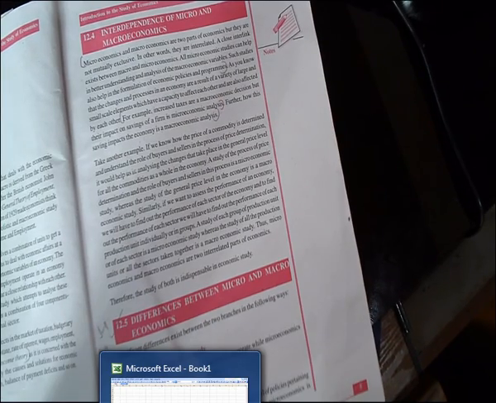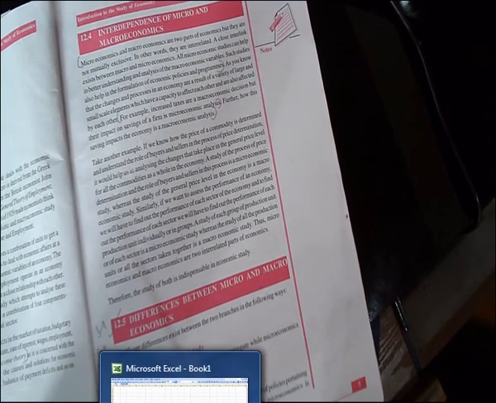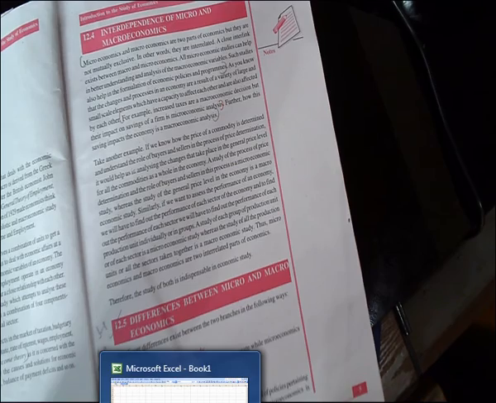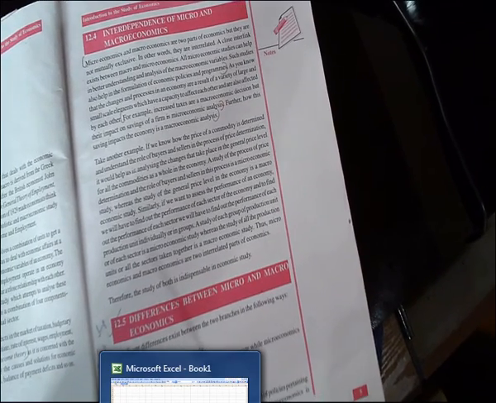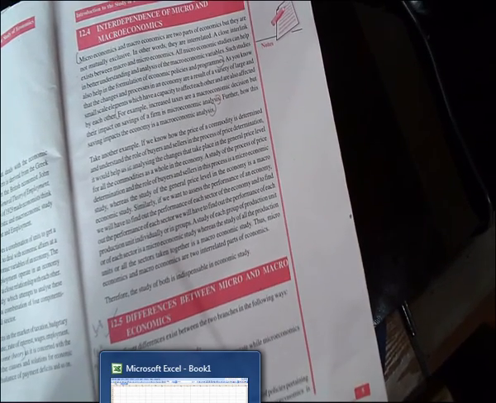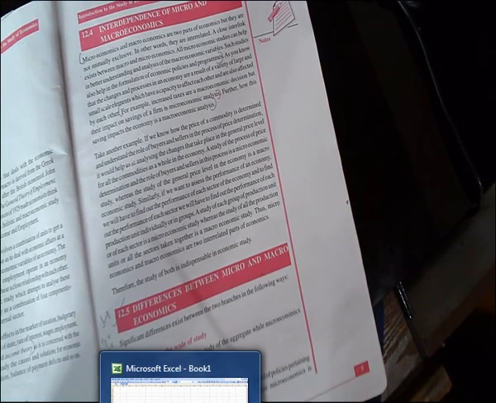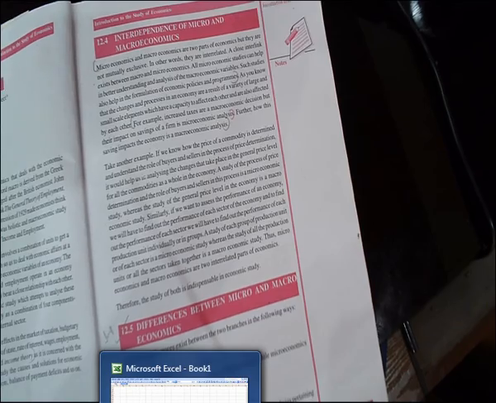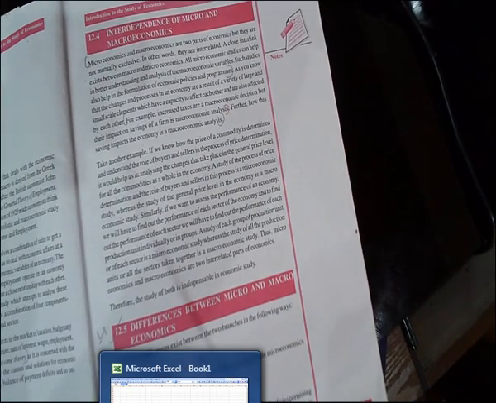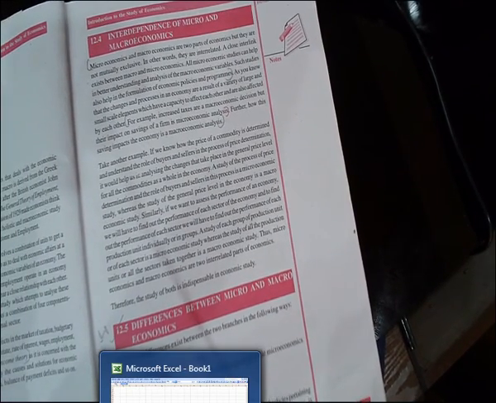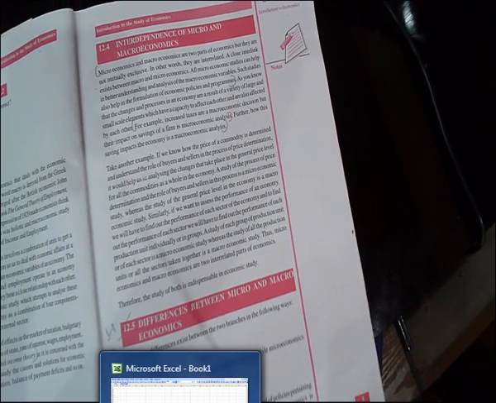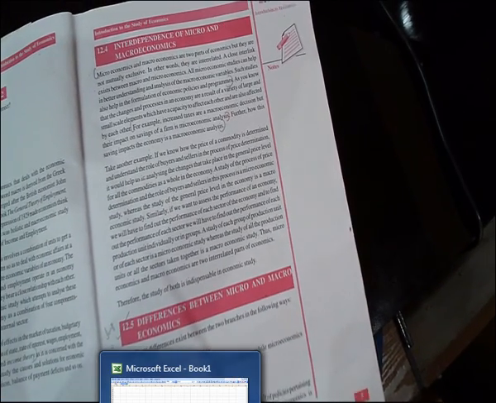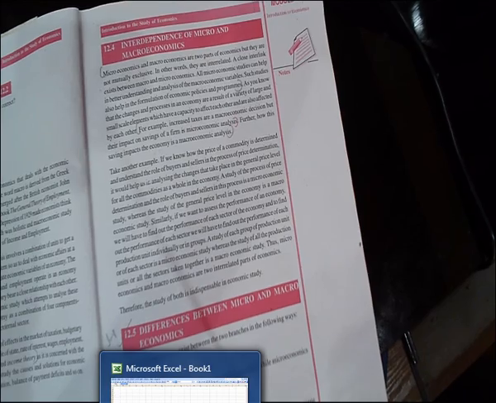For example, if the tax rate increases, it affects the savings of a firm. Here, a firm can be taken as a single company. Like that, any decision of microeconomics affects macroeconomics, and decisions of macroeconomics also affect microeconomics. So both are interrelated. There is a close relationship between micro and macroeconomics.